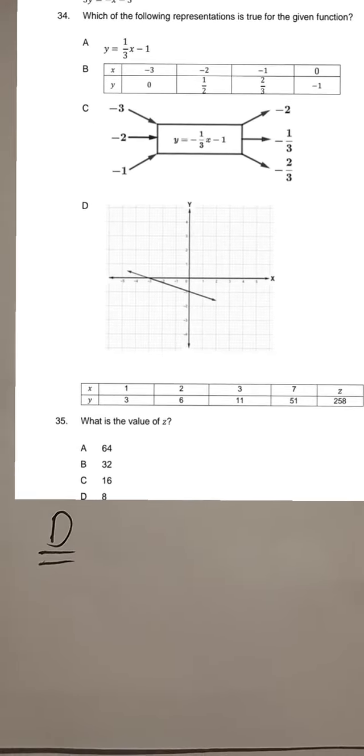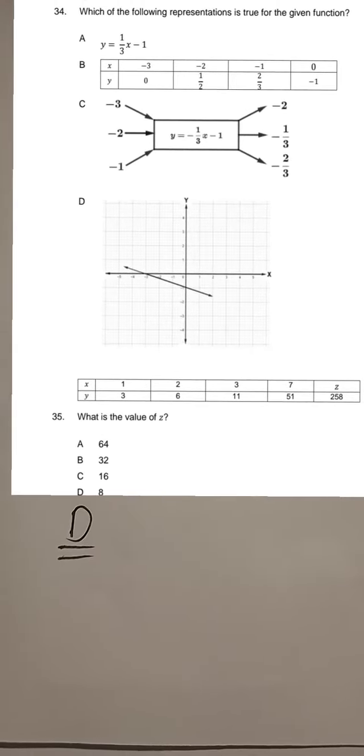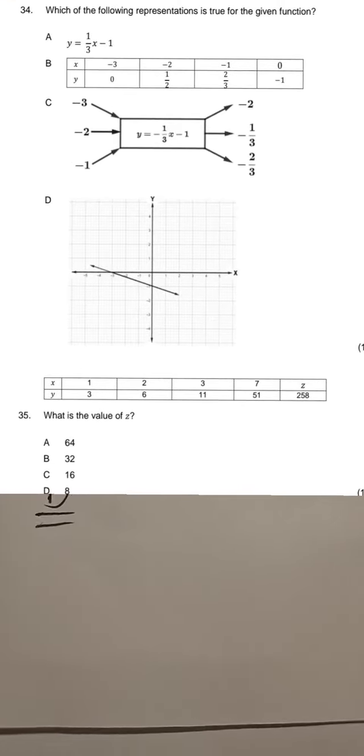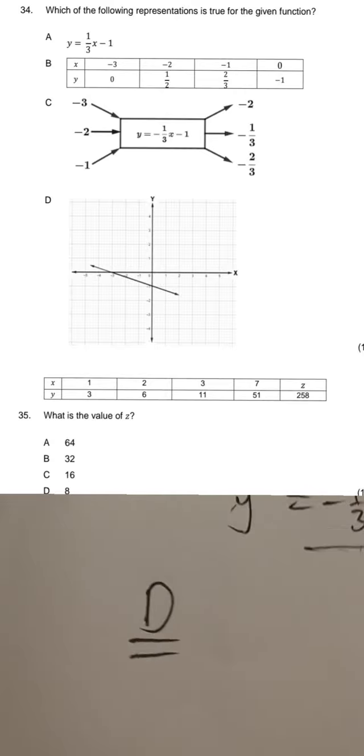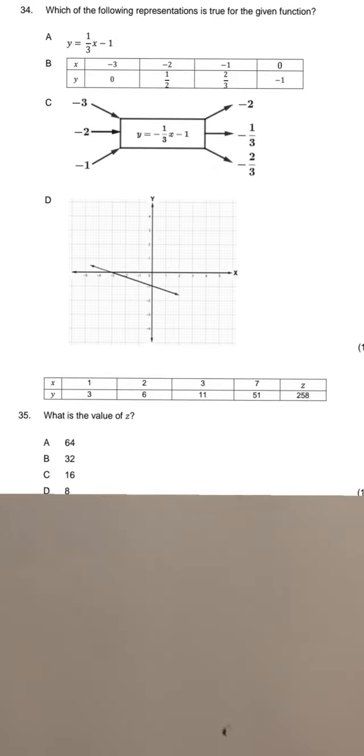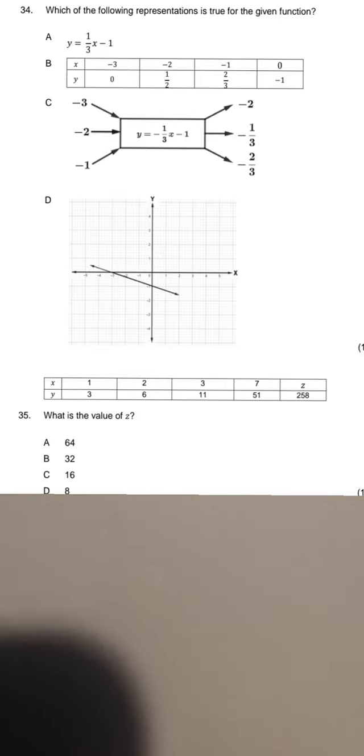Let's move on to number 35. Grade 9. Question number 35, we have a table there. We have x values, 1, 2, 3, 7, and then z. And then we have y values, 3, 6, 11.